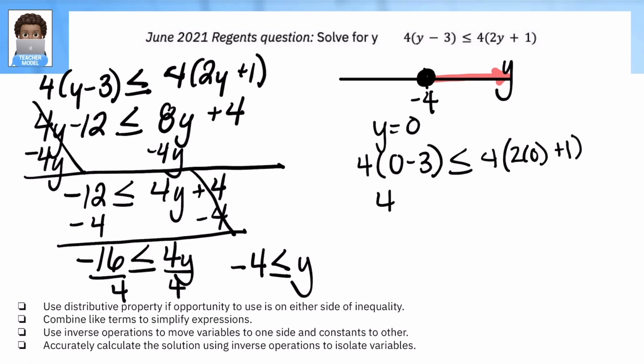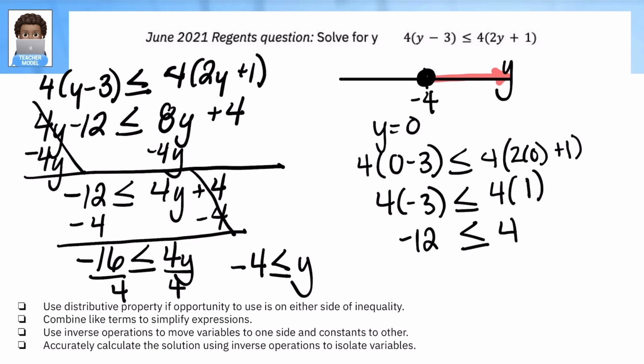All right, so 4 times negative 3, which I know is going to be negative 12, is less than or equal to 4 times 0 plus 1 is just 1. So I end up with just 4 on this side. Is negative 12 less than 4? Yes, it is. So we are correct. All right, and I chose 0 for that reason because I knew I was going to have to multiply with zeros, and that would probably make it a little easier for me down the line.